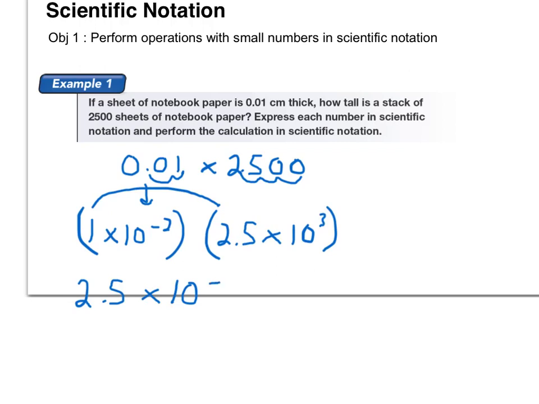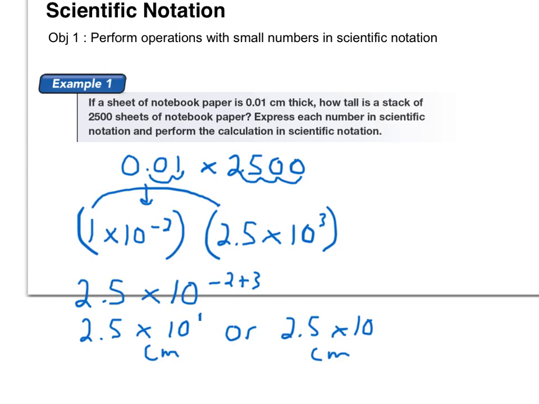So I'm going to have that to the -2 plus 3 power. Now I can't leave it like that. I need to write it as just a single exponent here. So I'm going to have 2.5 times 10, and then -2 plus 3 is +1. Or I could just say it's 2.5 times 10 to the first. And it's centimeters.